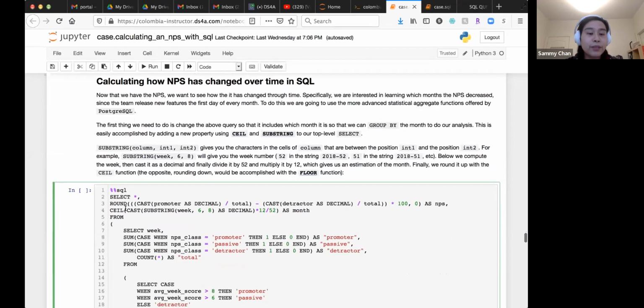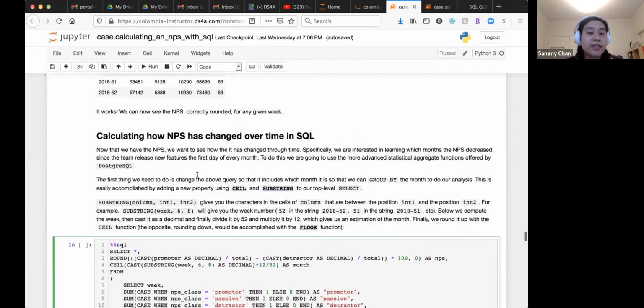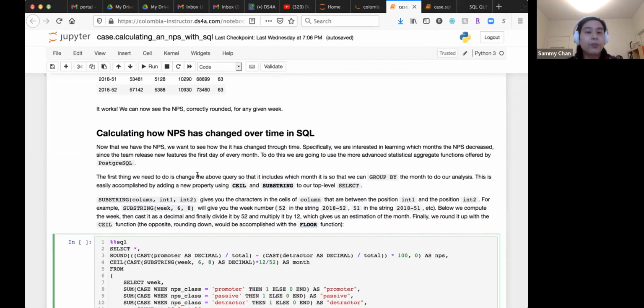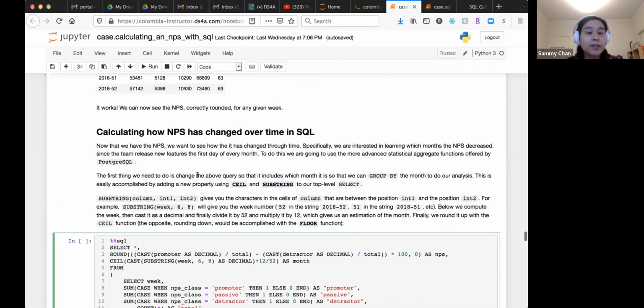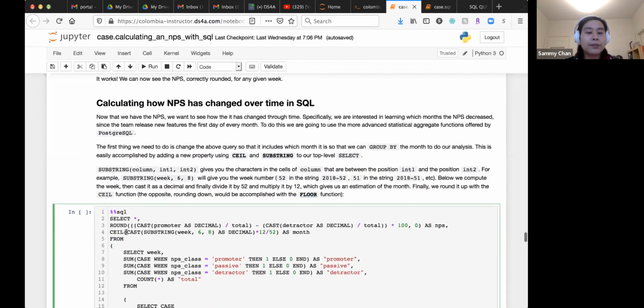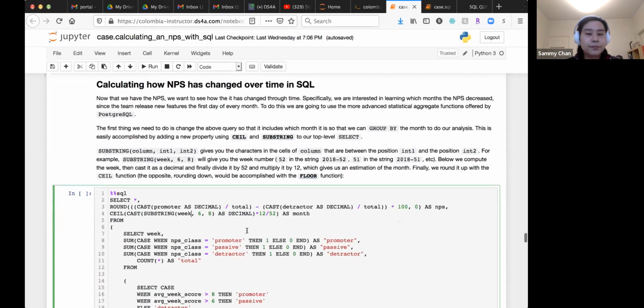And then after that, of course, it would be extracted as a string, so we cannot do any calculations with that. So then we do the same trick as we did before, casting it as a decimal.